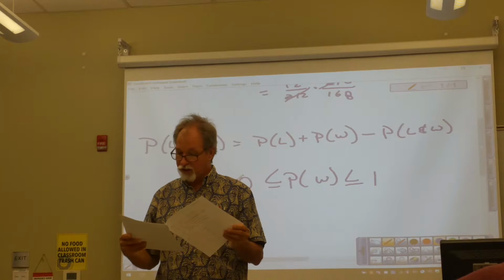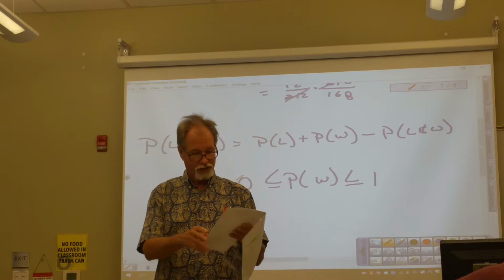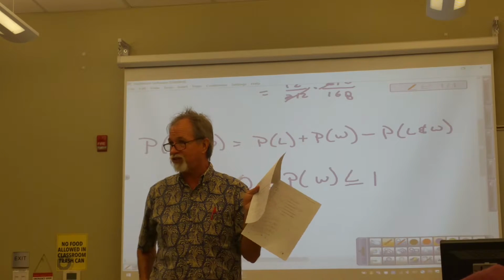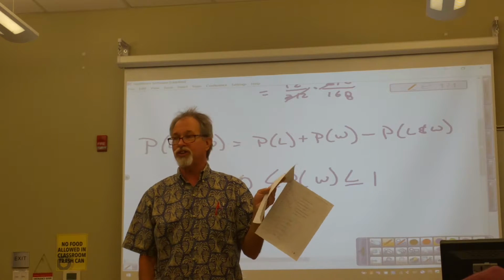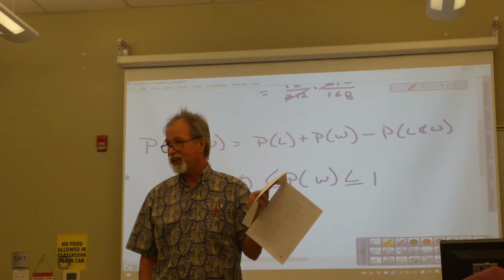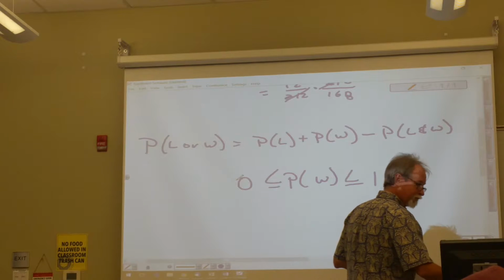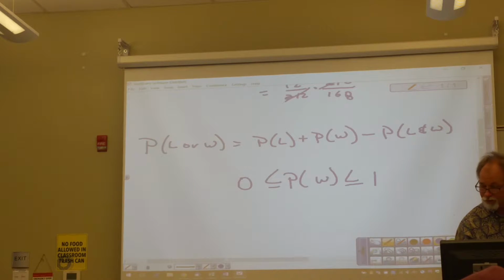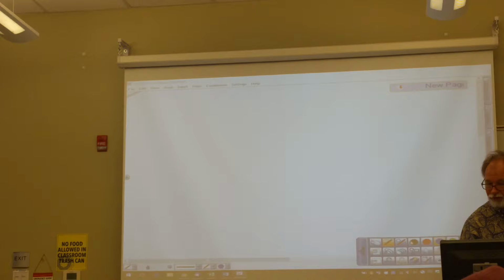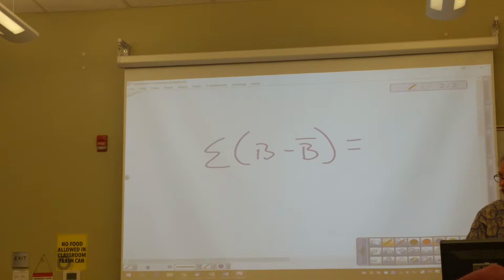So the bonus was the summation of B minus B bar, which will always be zero.